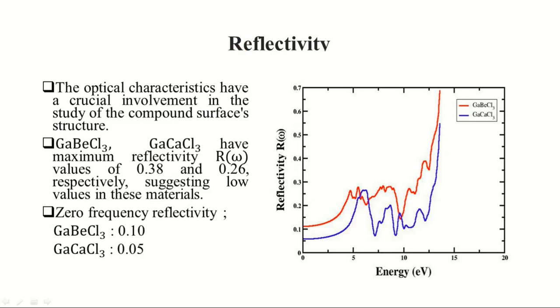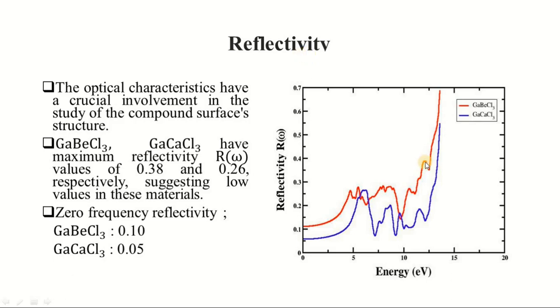The other optical property of these compounds is reflectivity. Reflectivity is the amount of light being reflected from the surface of the material. The optical properties have a crucial involvement in the study of the compound's surface structure.